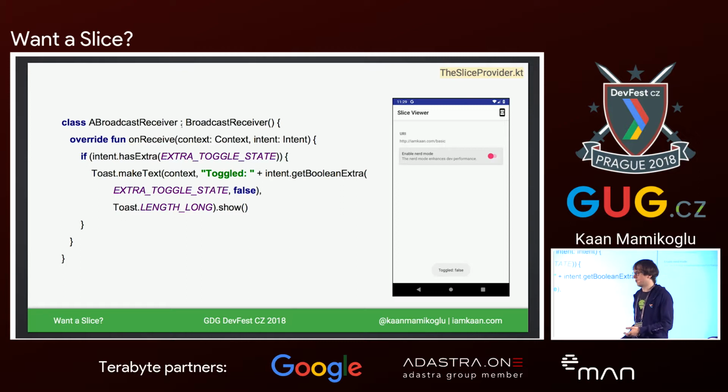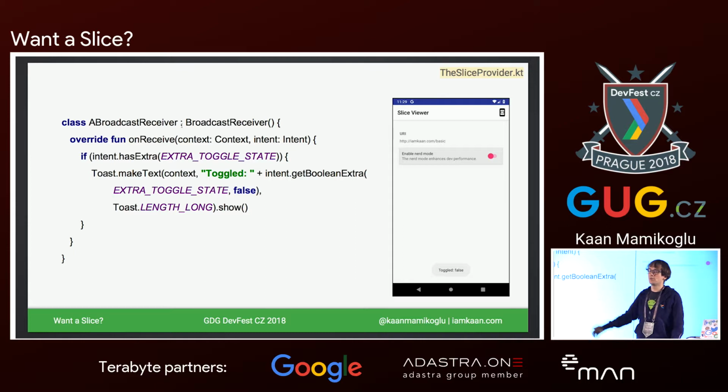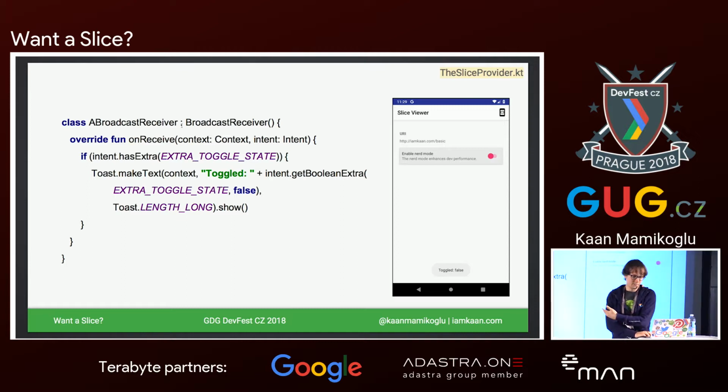It basically returns the state of the toggle, and then we just display a toast for that. Ideally, what you would do here is update your database based on this setting. And maybe if you are doing other stuff with this setting, like reducing the light of the screen or something like that, this is where you would do it.